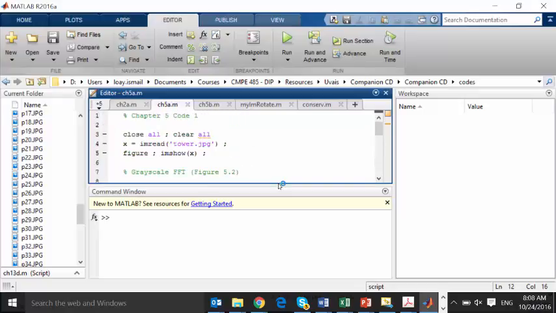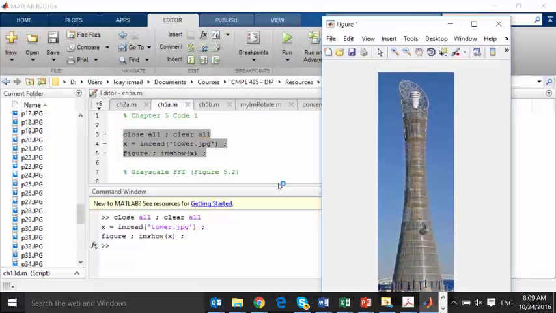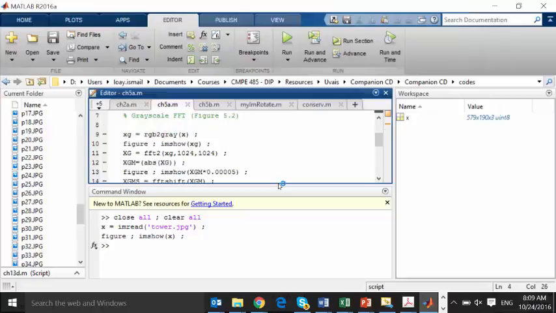So if you remember, last time we started with this image, which is called tower.jpg, and it was a color image that has RGB components, right? Then after that, we obtained its corresponding grayscale image.